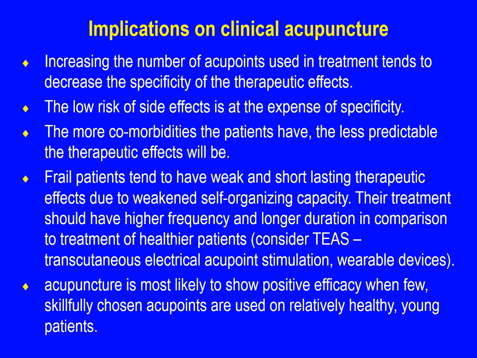The more comorbidities the patients have, the less predictable the therapeutic effects will be. Frail patients tend to have weak and short-lasting therapeutic effects due to weakened self-organizing capacity. So their treatment should have higher frequency and longer duration in comparison to the treatment of healthier patients.